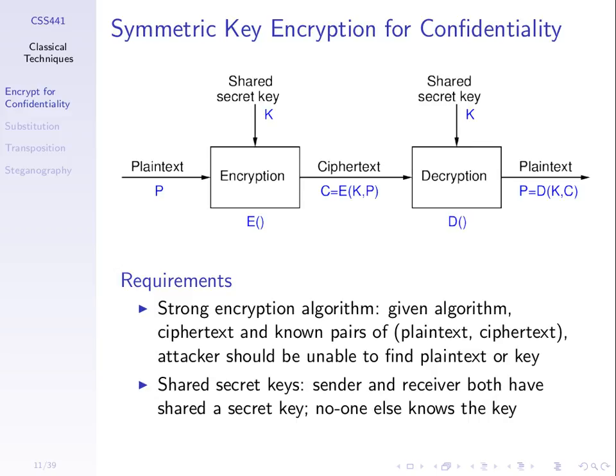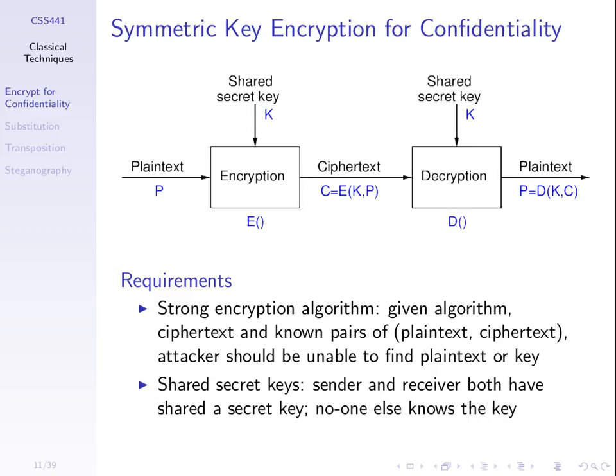And in fact, in practice, even if the attacker has the ciphertext and some old plain text, they know that in the past you encrypted this plain text and got this ciphertext, they have a pair of plain text and ciphertext, but they don't have the key, it still should be hard for the attacker to find the plain text or key. If it's easy, then we say this is not a strong algorithm.